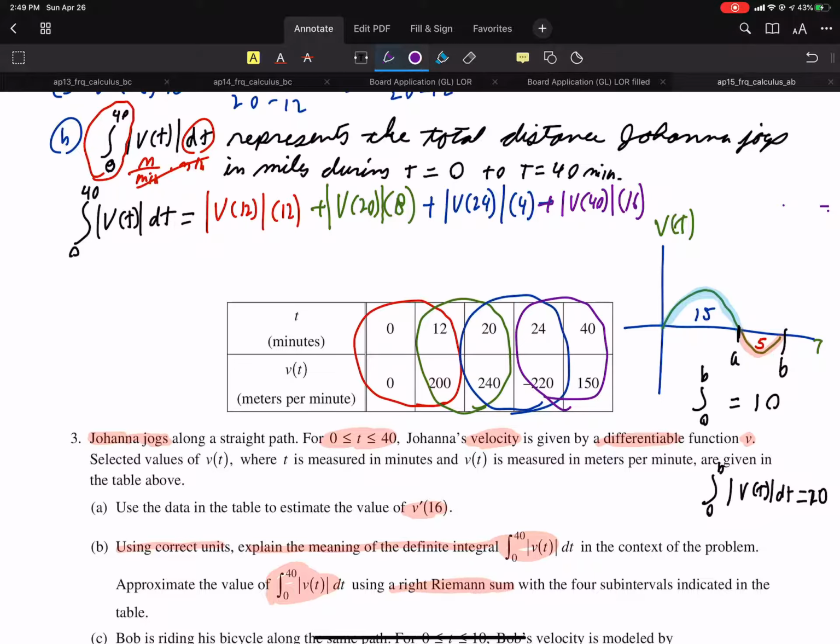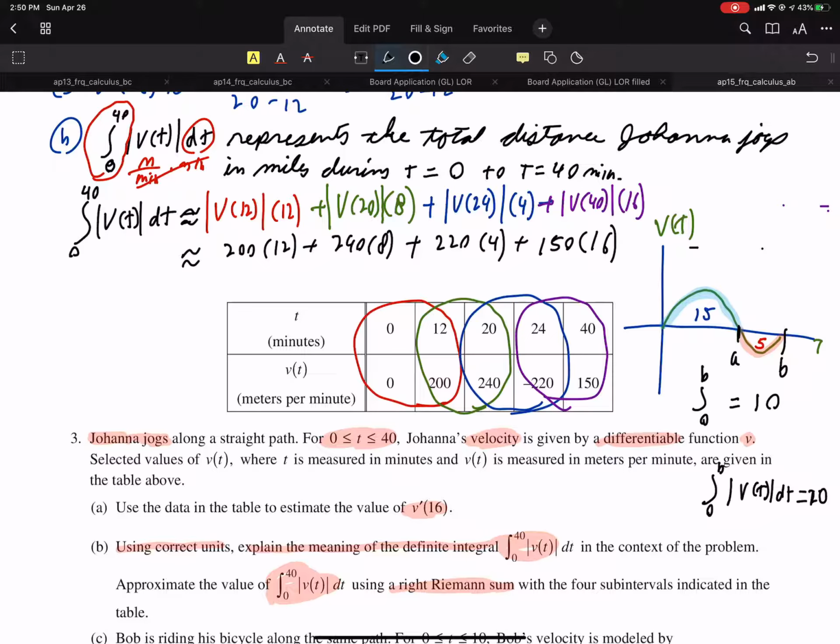Now we need to replace those values, and that should be a squiggly there because we're doing an approximation. So it's going to be 200 times 12, 240 times 8, 220 times 4, and the last one, 150 times 16.